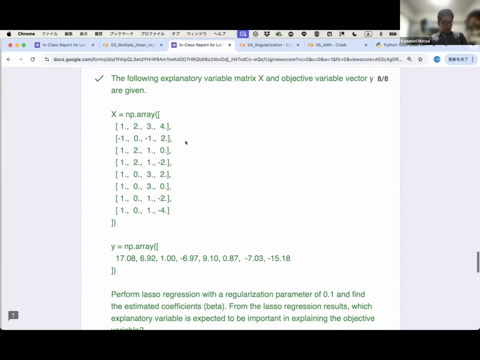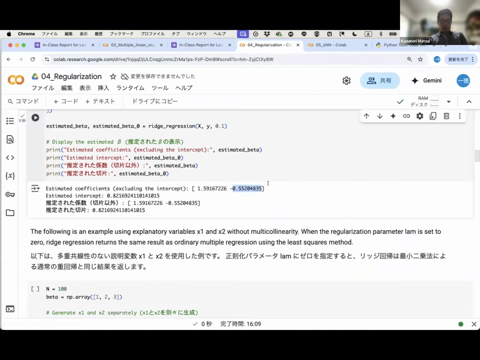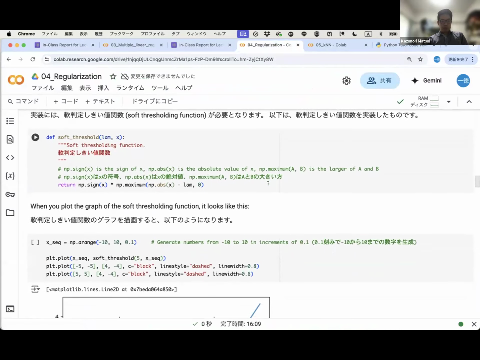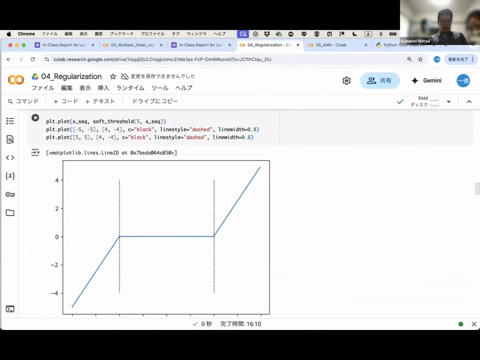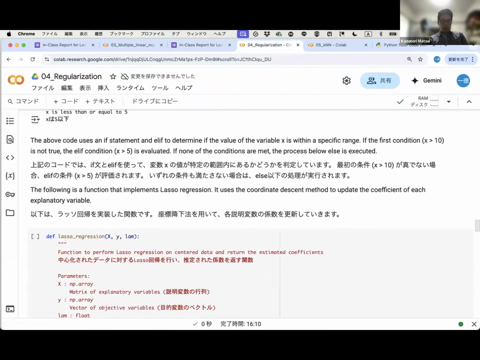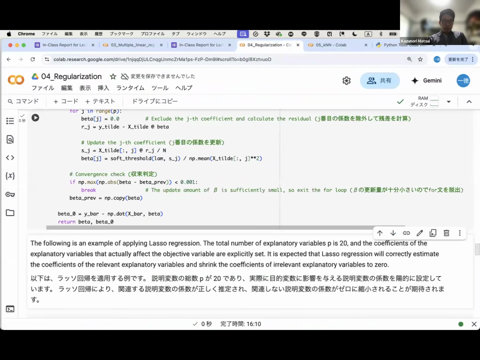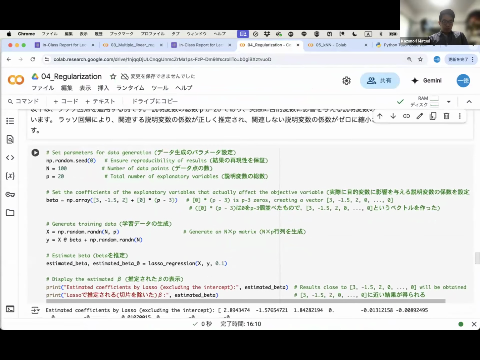Similarly, we run lasso regression. So we copy the function. Same, so this one.